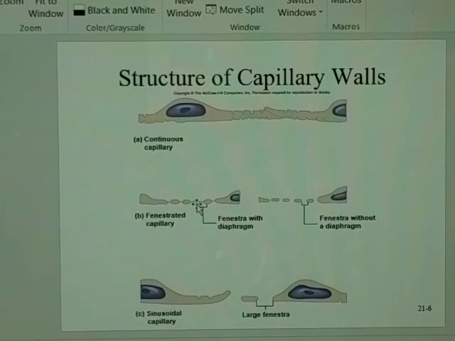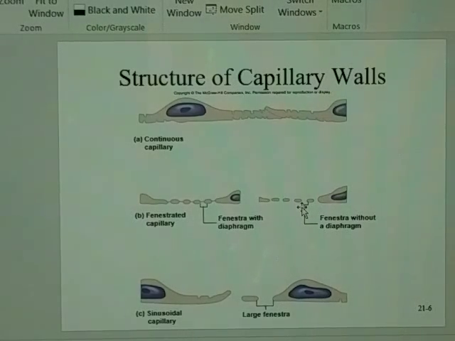In this particular fenestration, there's a membrane that will be present, but the gap is still pretty large. If we find fenestrae without a diaphragm, this little membrane, then molecules that can fit through the gap are able to move.